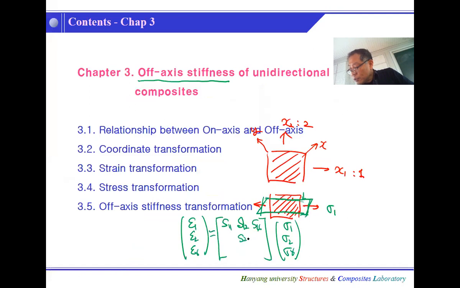And this one, I'm sorry, S22, S26, S66. Now, this is called off-axis compliance, and the off-axis stiffness will be just the inverse of this S matrix. Okay, so this is the off-axis stiffness.